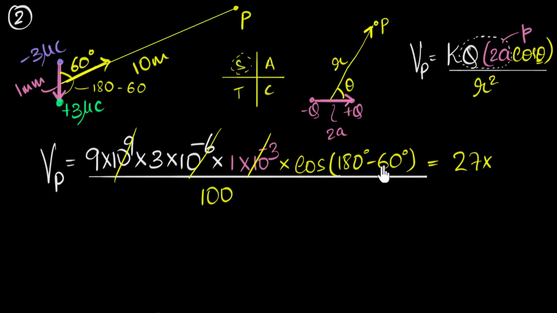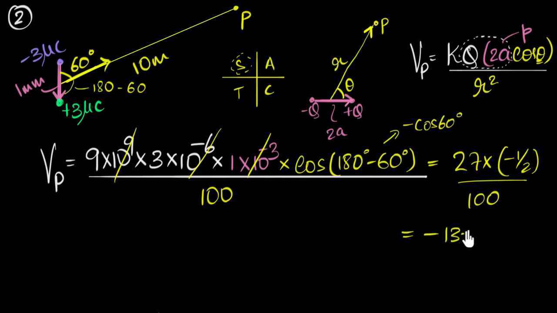So it's going to be minus cos 60. And cos 60 is half. So I'll get minus half over here. Divide by 100. And that's going to be 27 by 2, which is, what is that? 13.5. So it's negative 13.5 divided by 100. So that's minus 0.135 volt.